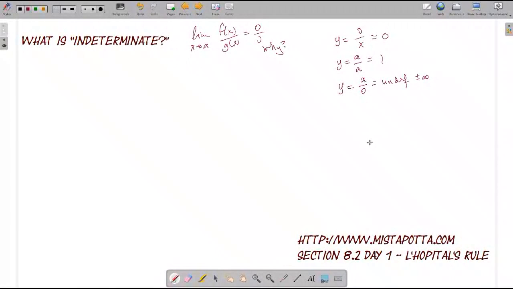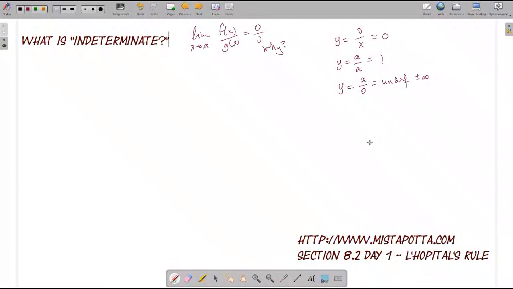So this really is truly indeterminate, and that's why we need these alternative methods. And of course, the methods we talked about in the past, we talked about factoring, we talked about using a graph or using a table, but we've also introduced this L'Hopital's rule to try and deal with these indeterminate forms.